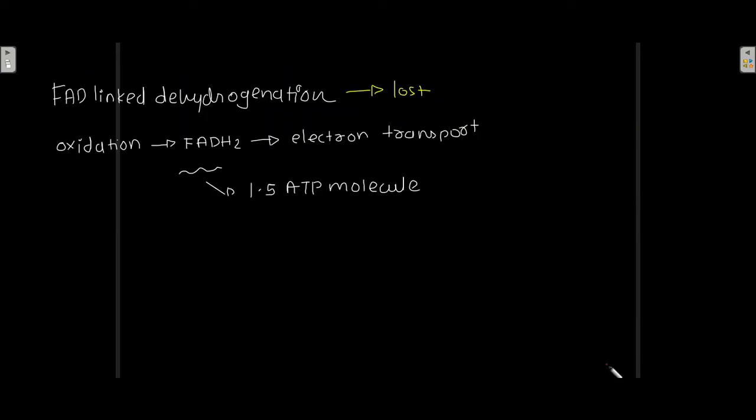That energy yielding step is an FAD linked dehydrogenation, in which there is oxidation of FADH2 through electron transport, which yields 1.5 ATP per molecule of FADH2. That FAD linked dehydrogenation is lost, so you lose this 1.5 ATP per FADH2 during oxidation of unsaturated fatty acid.